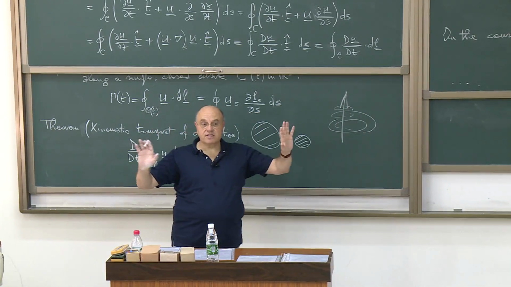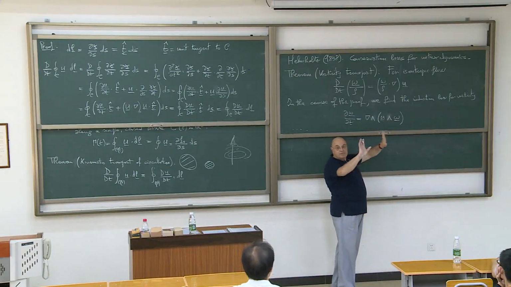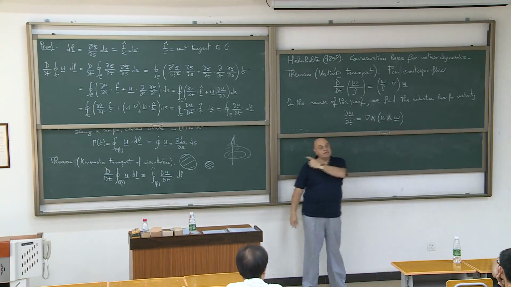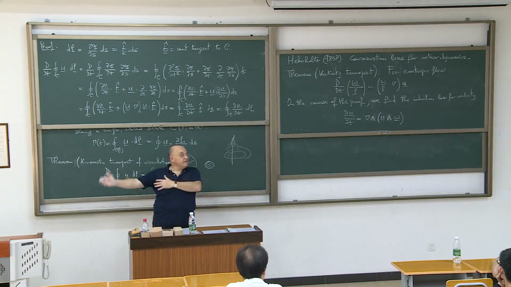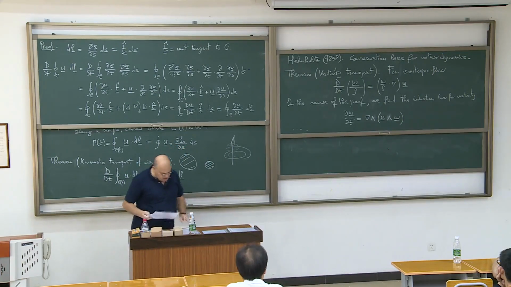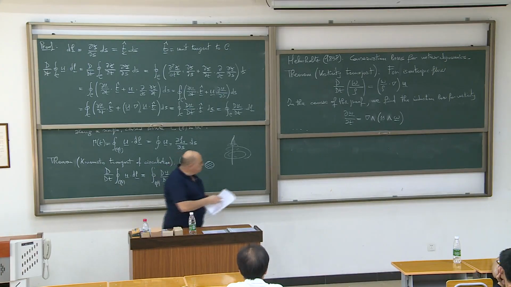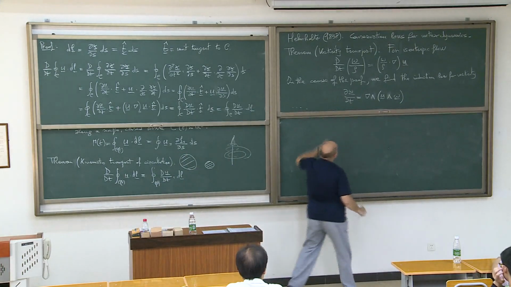That's a big difference with Faraday's equation. Formally it is the same equation, but the substance is quite different: U and omega are related, while U and B are not. So in a sense, that is a simpler situation.